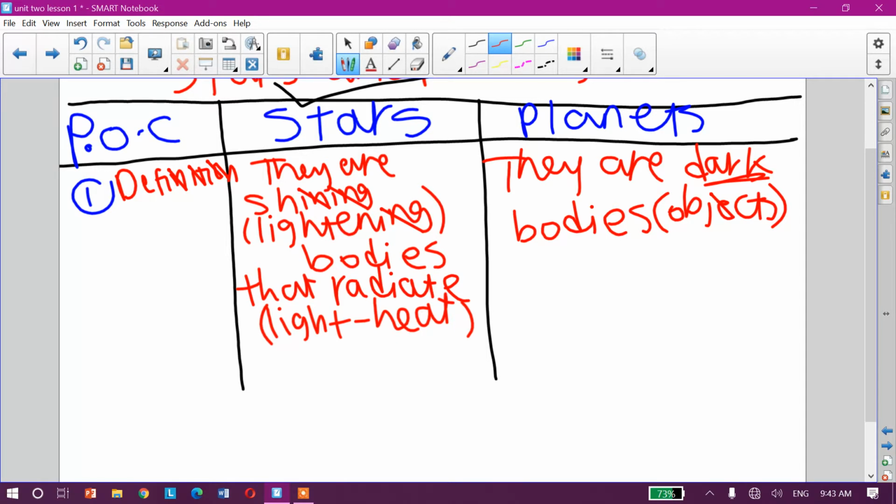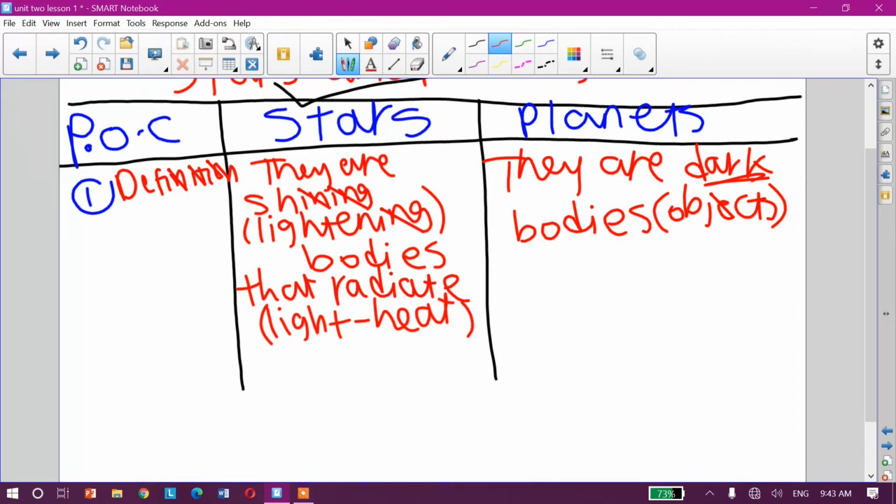How can stars move in the space? I will write they float in space. What's the meaning of float, Junior 4? Yes, they move randomly, swim in the space, and don't have any fixed orbits.